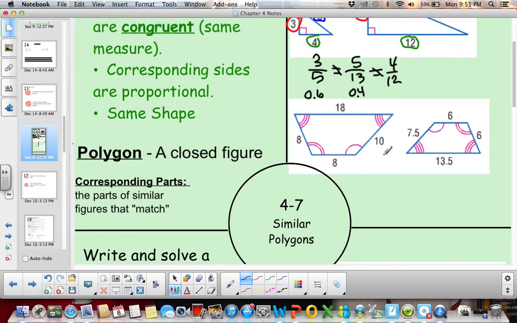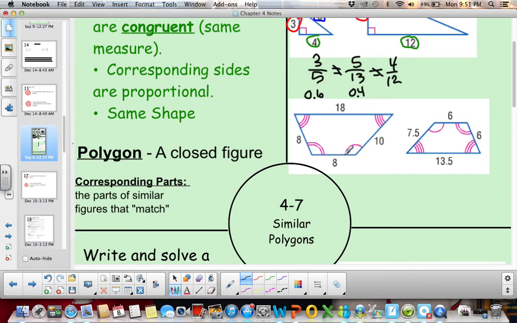So these two polygons, you can see, if you look closely, are flipped around. So we can't just go 18 and 6 and 8 and 7 and 7.5 just because they are corresponding in the direction of where they're located. We need to, in our head, kind of flip this around so we can figure out which goes with which. Okay?